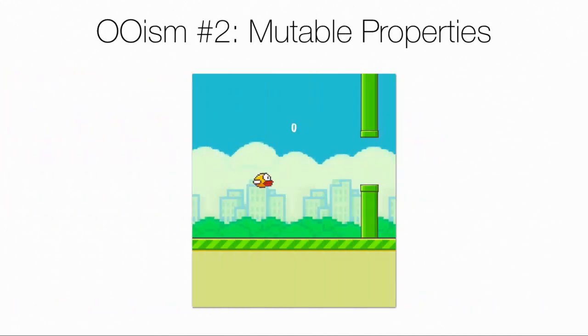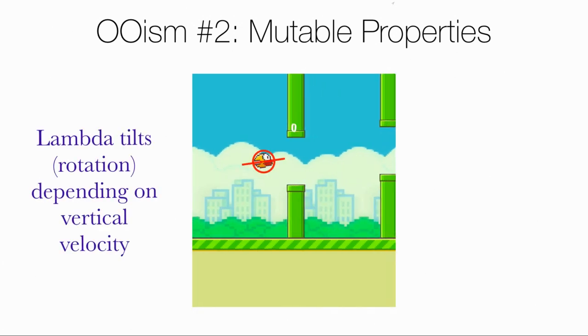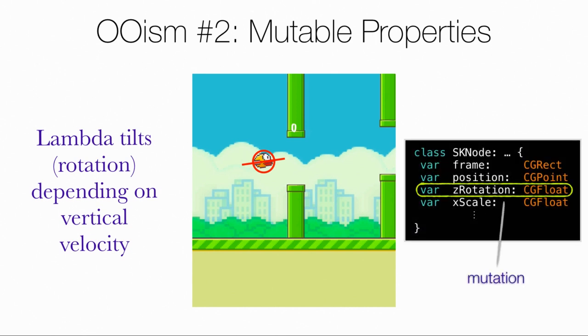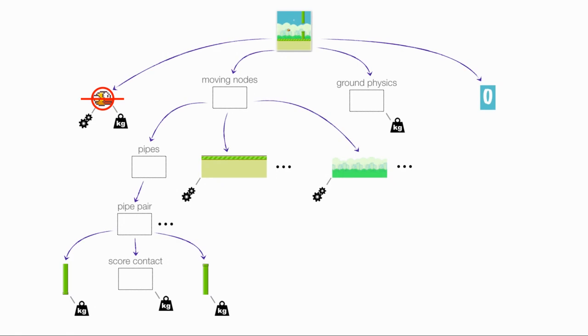So second problem, well, if you look at this animation again, you see, depending on the vertical velocity of the bird, it changes its tilt, right? So how do you change the rotation of this sprite? Well, welcome back to our abstract base class. It has a property called rotation, which tells us the rotation. Now, how do we change this? Well, there's this tree, remember?